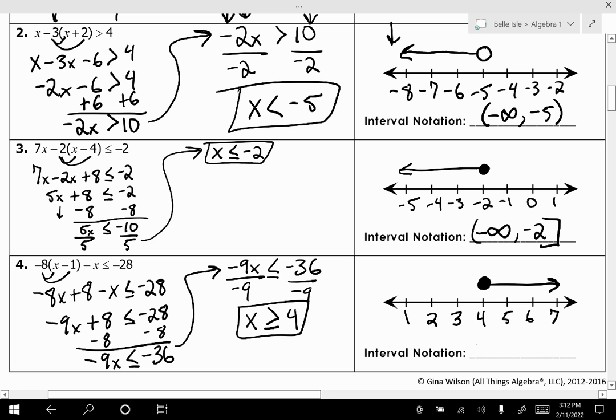What do you have to do again? Okay, 3 and 4 are up there.